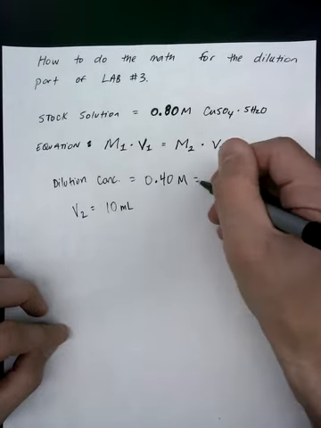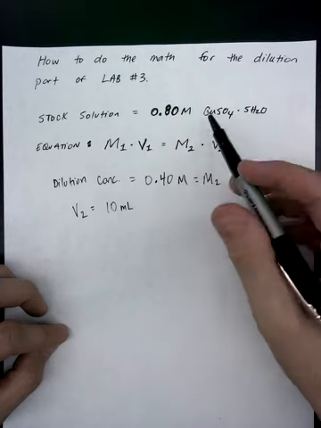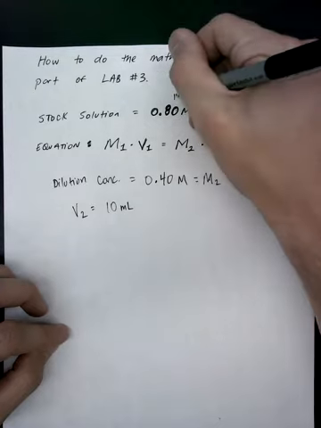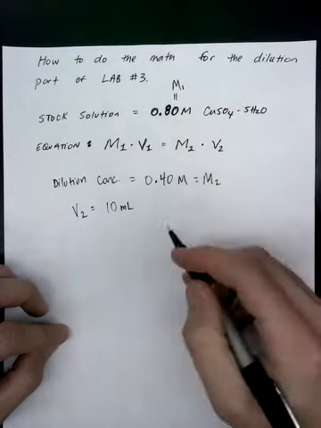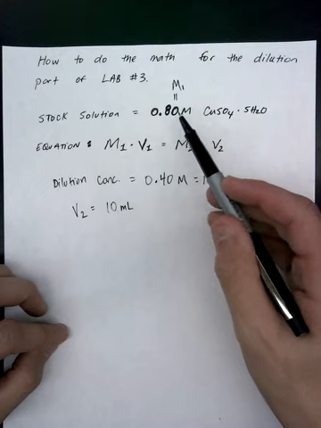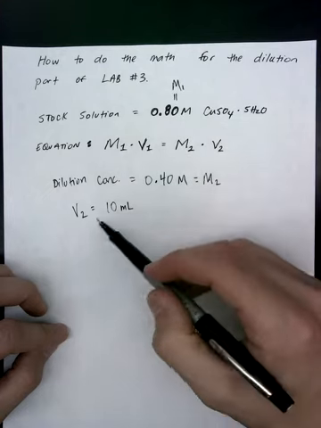Therefore, we're calling this the M2, or my second molarity. My stock solution at 0.8 is my M1. The only thing I don't know now is V1, which is how much of this stock I take and then add some water to it to get it to be 10 milliliters.